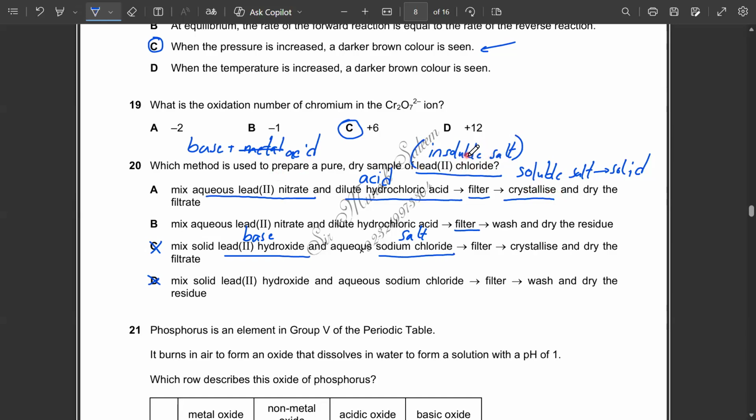The correct step is to wash and dry the residue. This residue is basically the insoluble salt. So the residue is to be washed and dried. In this way, the correct option becomes option B.